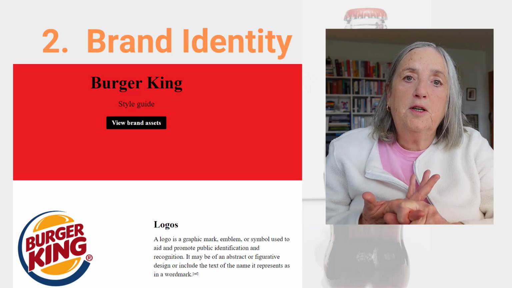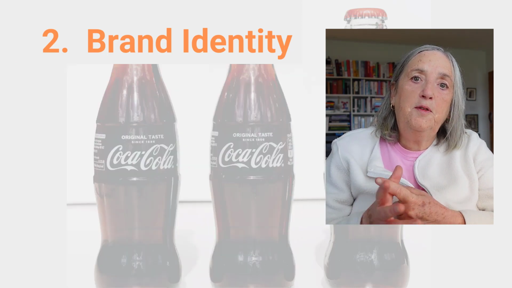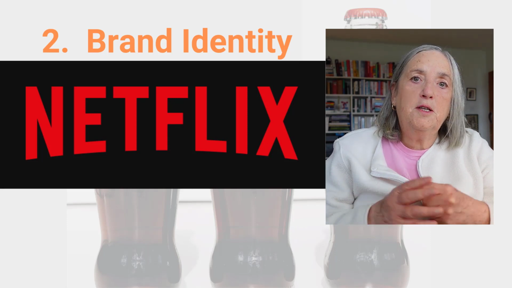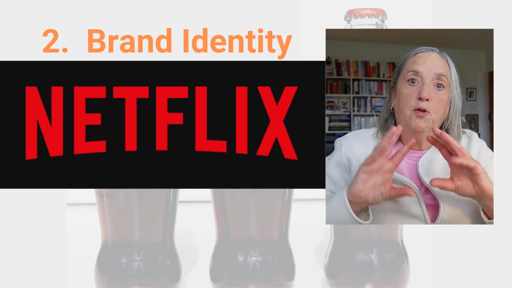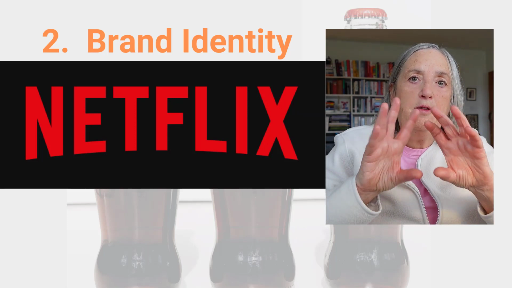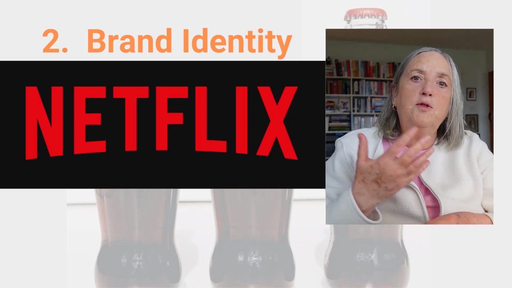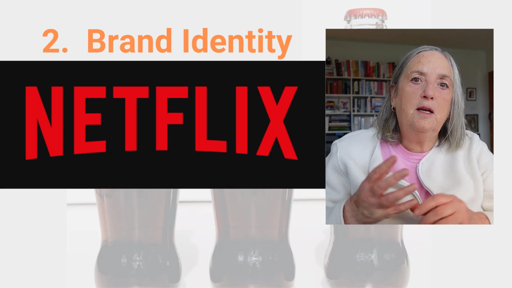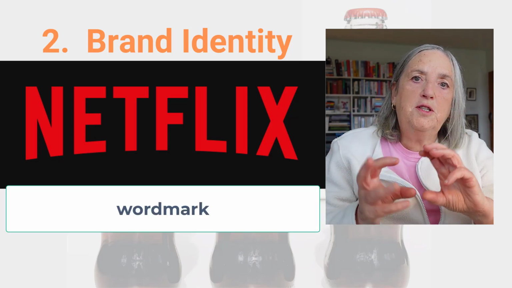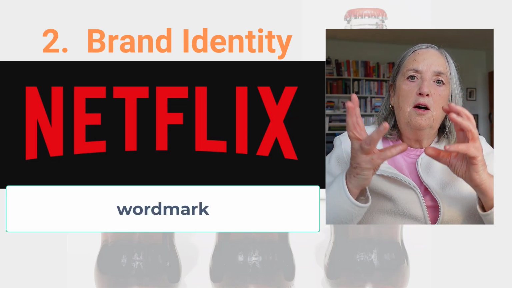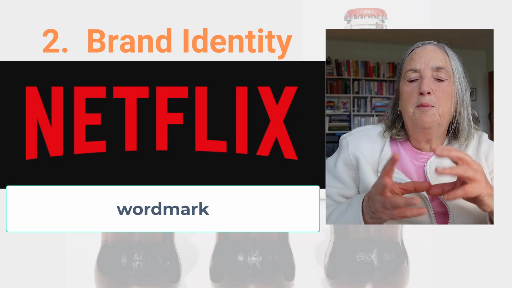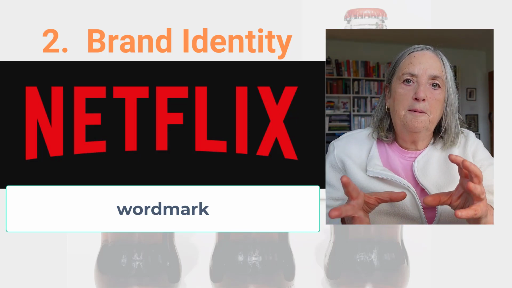And if we look, for example, at Netflix, there is information about how this red color of Netflix is used, about the font that is used. And there's also information about what's called here the word mark, which is the distinct treatment of the name of the company or the product in branding.